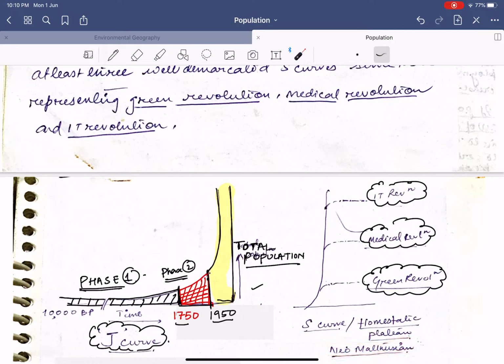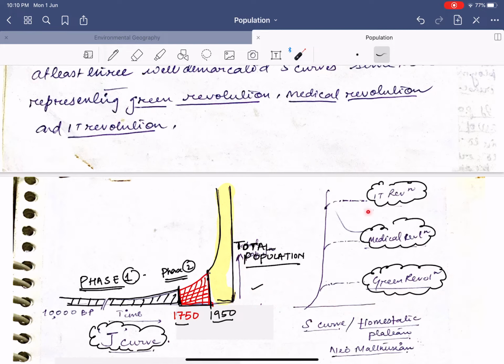Neo Malthusian is a new form of thought process that took into consideration the IT revolution, medical revolution, and green revolution in explaining this particular population rise. Simple. Hence, we have written it as Neo Malthusian.